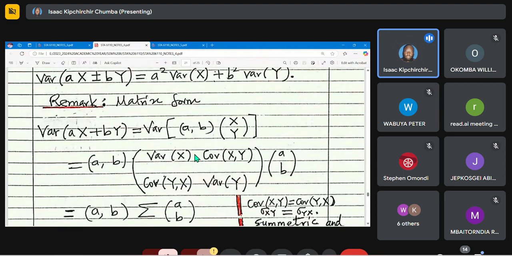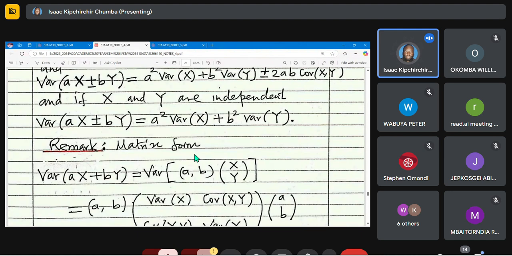Because when we are talking about bivariate statistics, I said the same concepts can be extended to three, we can extend them to four. But when we are dealing with many variables, we usually have better ways of expressing our variances.